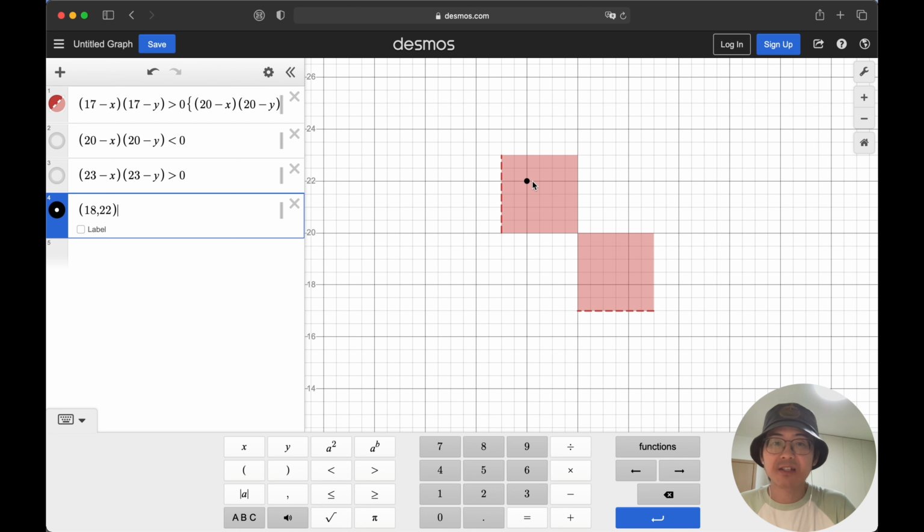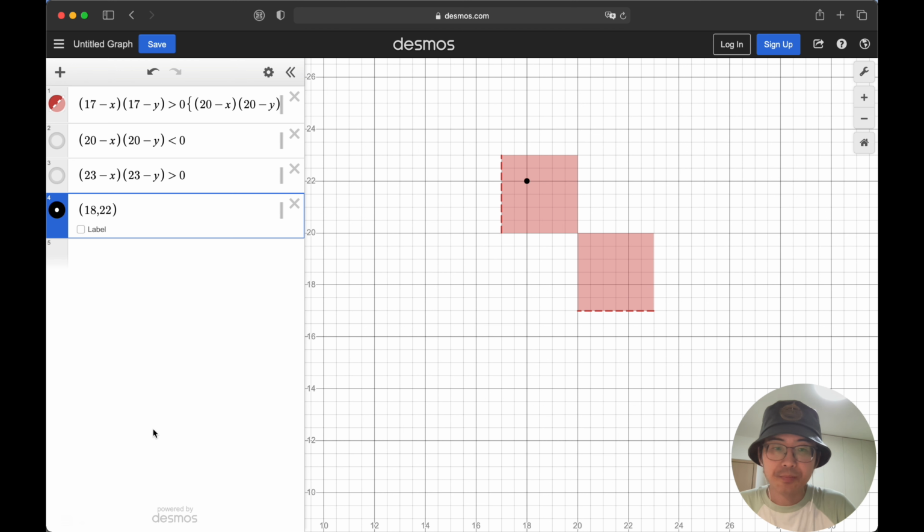And also it satisfies integers. So we can say 18 plus 22, which is 40, is a possible answer. Of course, you can find other possible answers if you choose other points. For example, you can use x being 18 and y being 21, so then you will get 39. Or you can choose 19 and then 22, so we get 41.